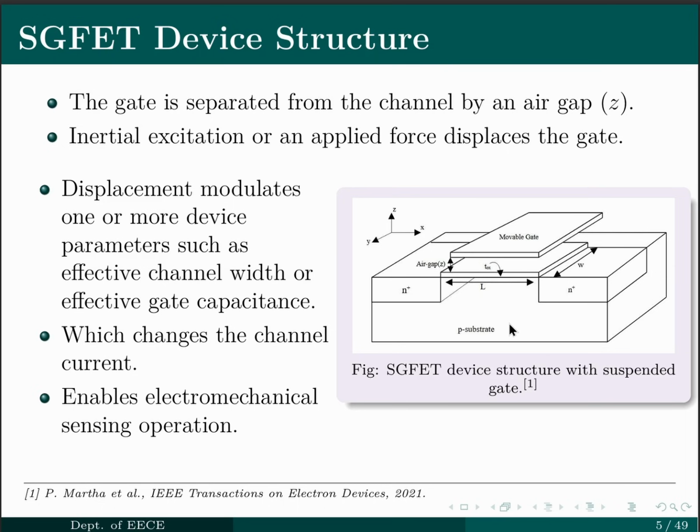Because of the air gap, the gate can be displaced by external forces like any excitation or acceleration, which can modulate the channel width and effective gate capacitance. If it is modulating the effective width, then it is also going to modulate the channel current, and it enables the electromechanical sensing operation.